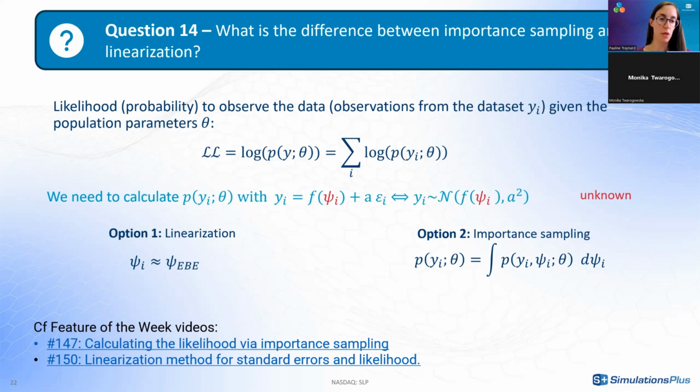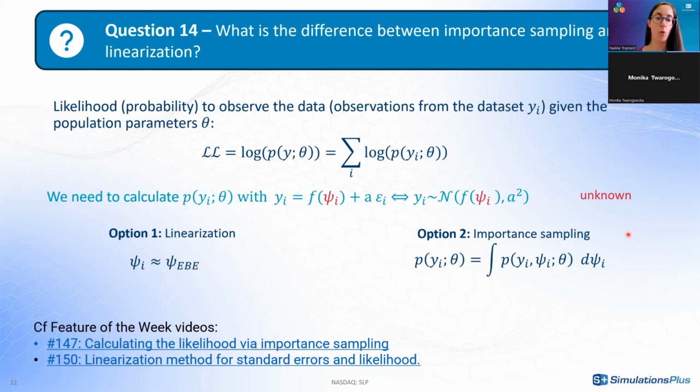So the linearization method uses the EBEs that are estimated in Monolix instead of these true individual parameters, and so we say that it linearizes the model around the current estimates of the parameters. This is a faster method that approximates the log likelihood, but it can be useful for quick evaluations or when the model is relatively simple.